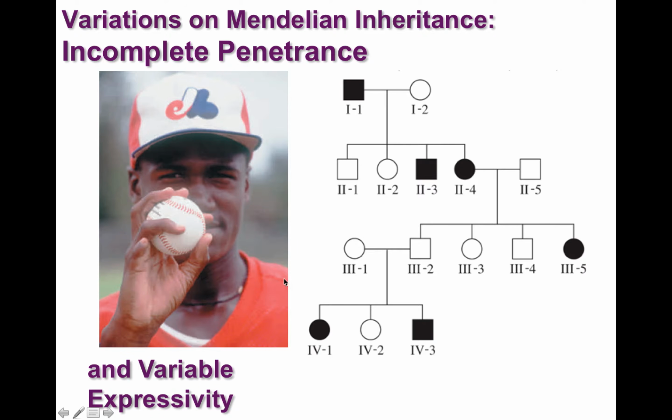Well, if you count 1, 2, 3, 4, 5, this condition is called polydactyly. It's caused by a dominant allele. However, this condition exhibits incomplete penetrance, which means that individuals that inherit the dominant allele sometimes do not express it.